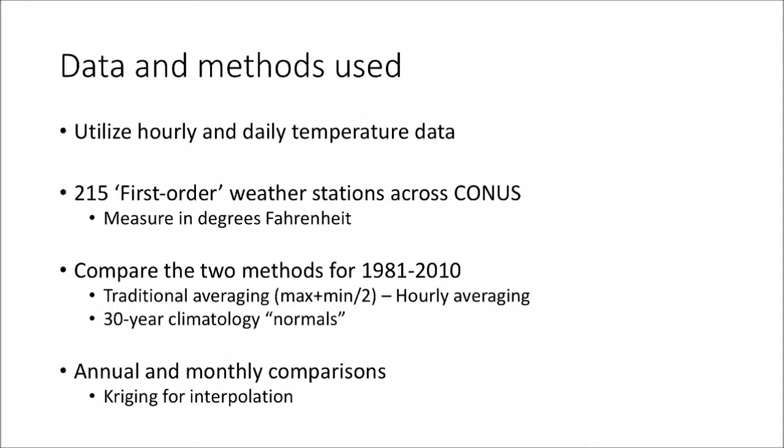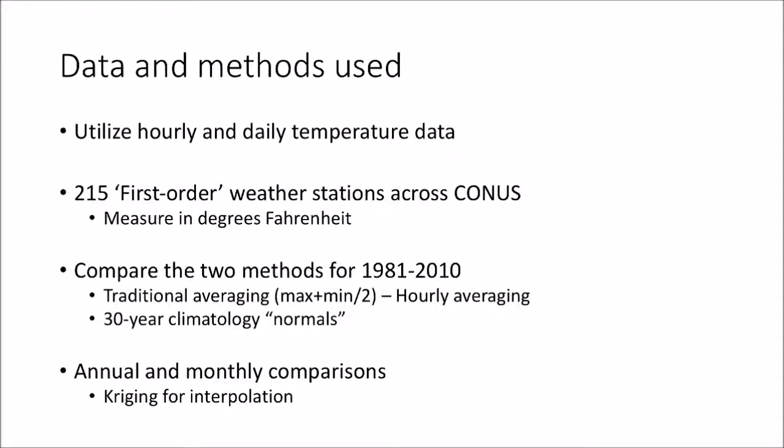So, getting into what I did for this dissertation work and the research coming out of it and the papers, I simply utilized hourly and daily temperature data. I looked at the first order weather stations across the U.S., the contiguous U.S., just the lower 48, no Alaska or Hawaii. And of course I kept the measurements in degrees Fahrenheit to avoid any rounding issues and losing tenths of a degree.